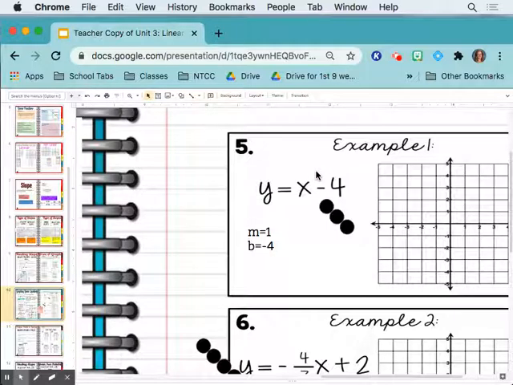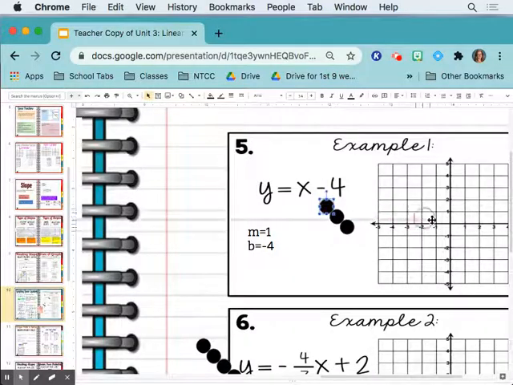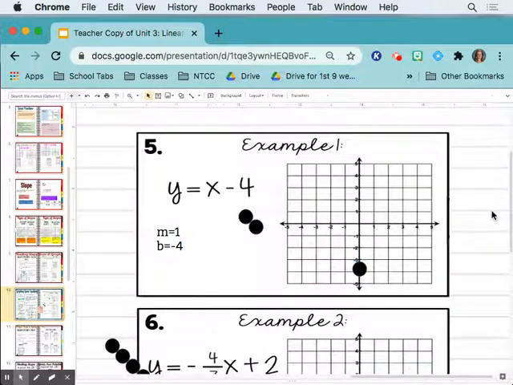So what do we graph first? The y-intercept. Yeah, so we're going to graph on the y-axis at the -4. And then we're going to do rise over run. These points are really, really big. You can make them smaller though. Just pull on a corner.